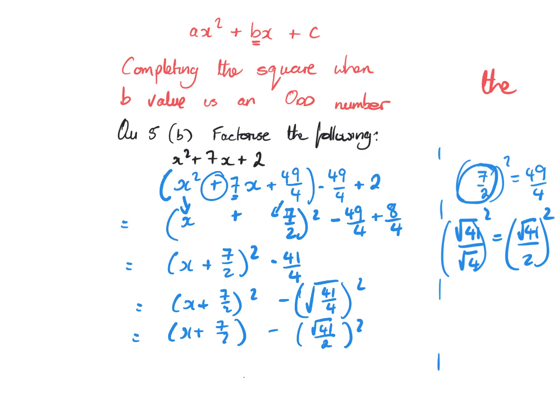Alright, let me put my equal signs in, and so it's the first term plus the second, plus square root 41 on 2, and then it's x plus 7 on 2 minus square root 41 on 2. So you can see the process is the same, but now we're just dealing with those dreaded fractions.